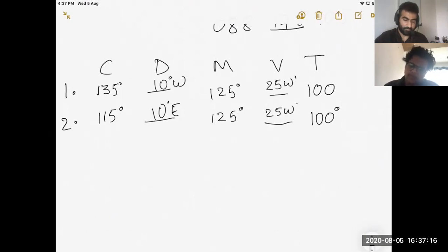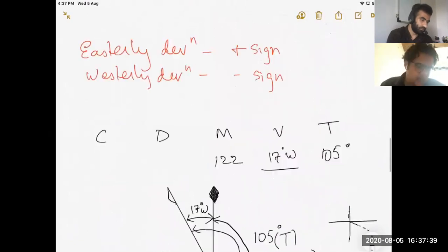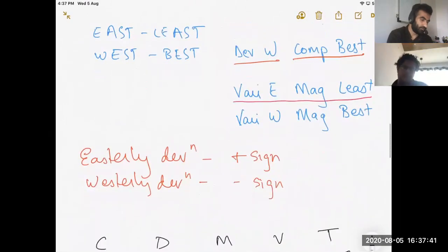Try to enter these details for question number 1. True heading is 100. Variation is 25 west. And deviation is plus, because you have kept it plus, it becomes west. 135.